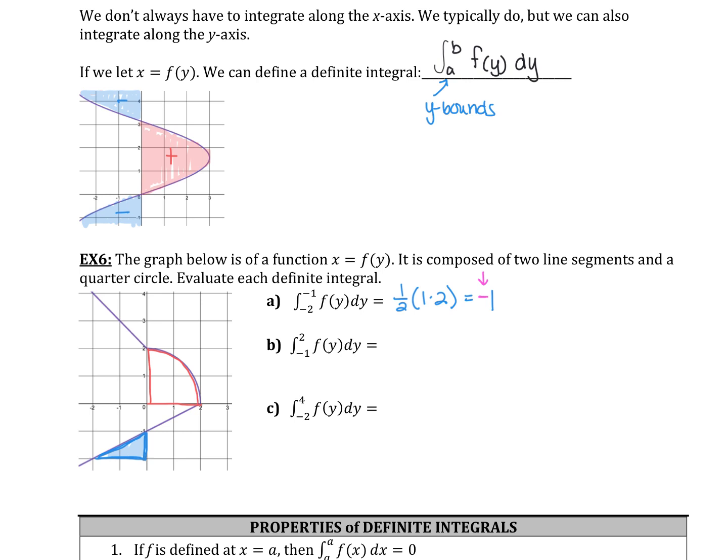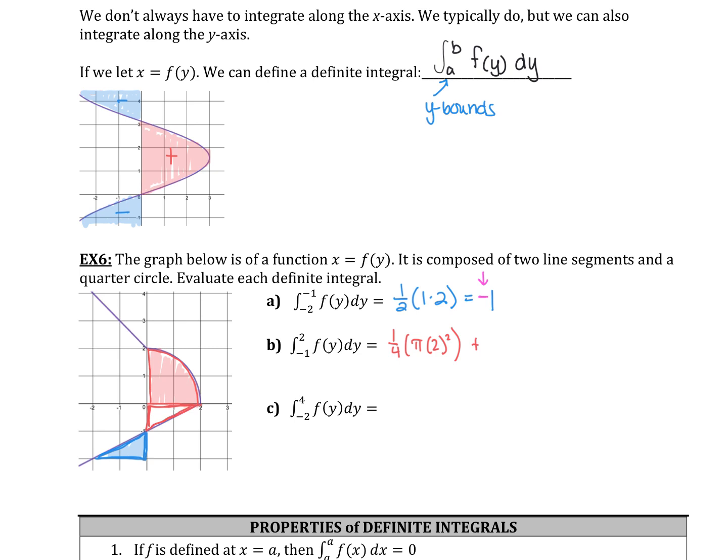And this quarter circle has a radius of 2. And I know that a quarter of a circle times pi r squared, there's my quarter circle, but I'm going to have to add it to the triangle that is also here.